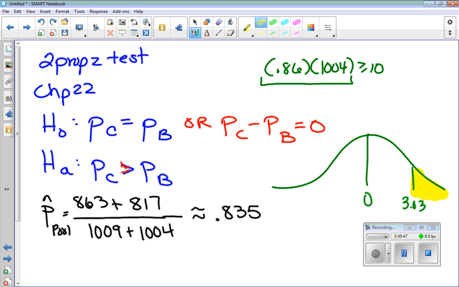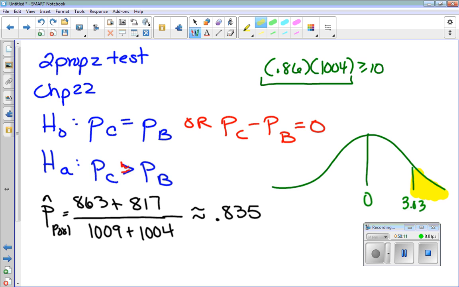Now, if you did this the reverse way and you did Britons less than Canadians, and you did your hypotheses that way, then your z-score would be negative, which means you'd be over here. That's okay. You still get the same p-value. 4 was too big, yeah.